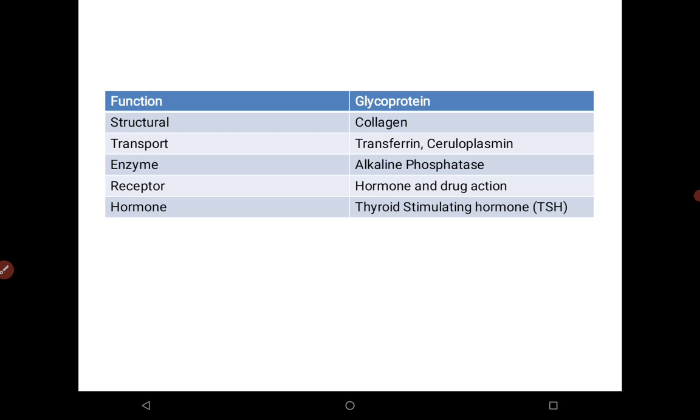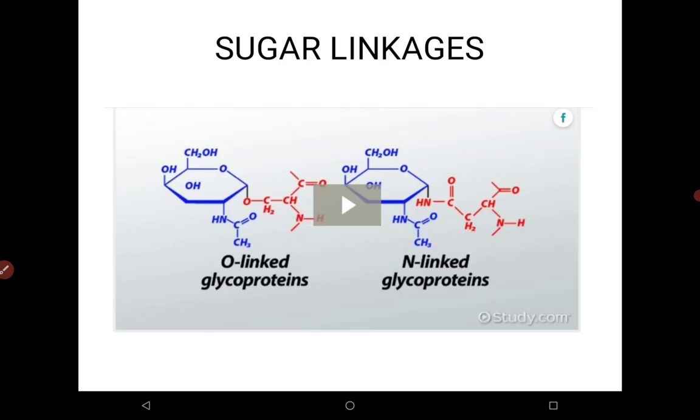Okay, collagen does a structural function. You have transferrin and ceruloplasmin for transport. Alkaline phosphatase is an enzyme, and there is hormone and drug action. Most receptors, and also hormones such as thyroid stimulating hormone.